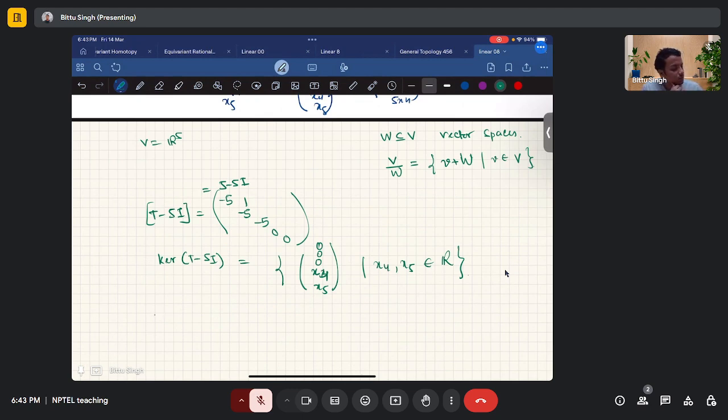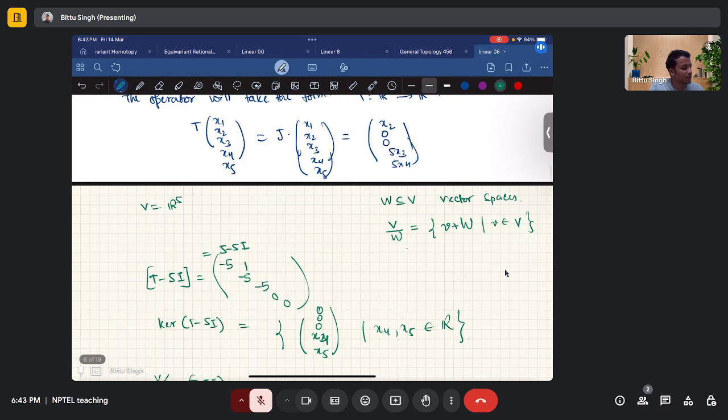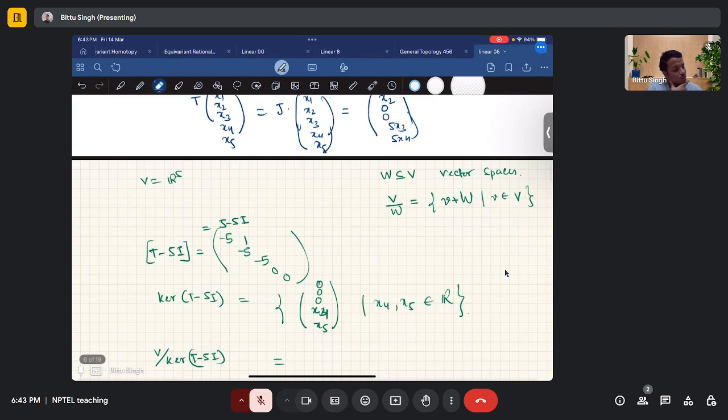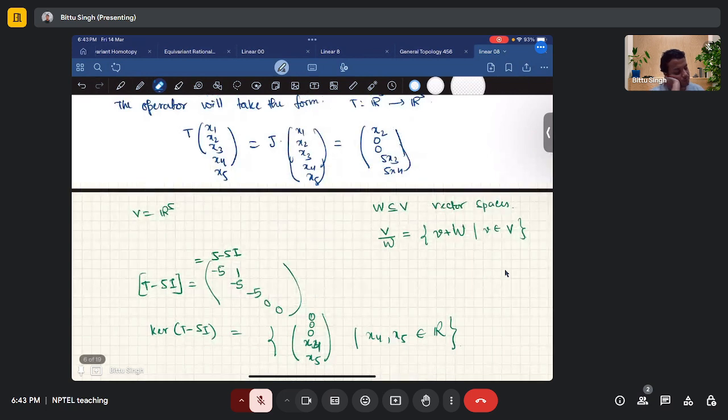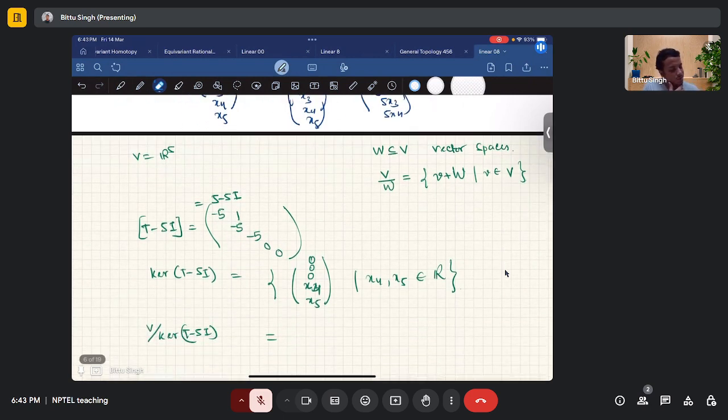And now what is V mod kernel of T minus 5I? It will again look like this, but if we are not familiar with orthogonal complement, we can write it without using this.